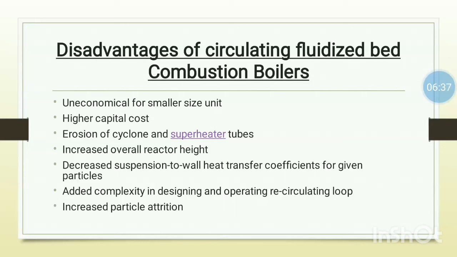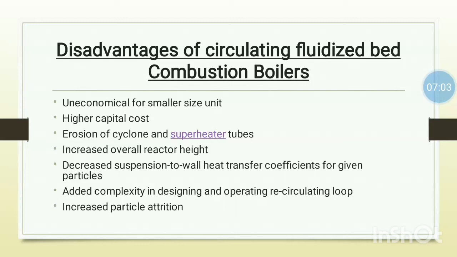Decreased suspension to wall heat transfer coefficient for given particles. Added complexity in design and operation. Recirculating loop. Increased particle attrition. So these are some disadvantages which are situated with the circulating fluidized bed combustion boiler.